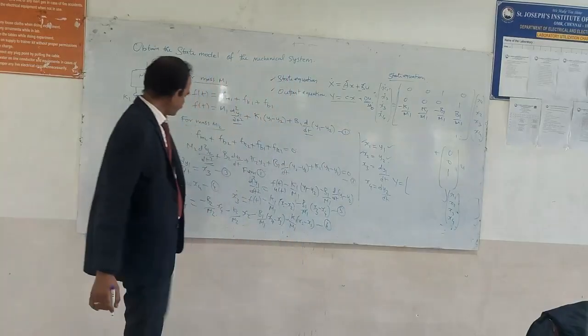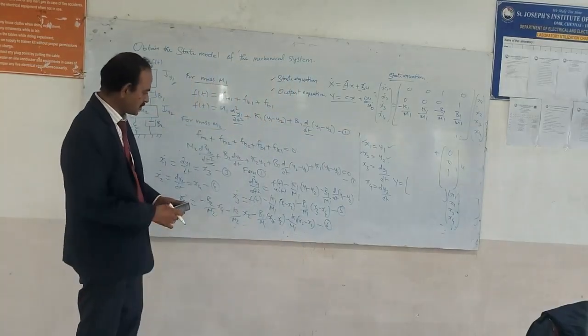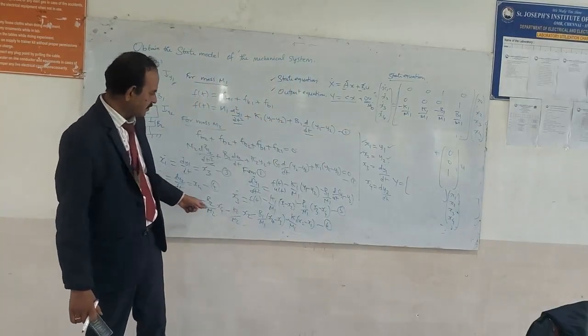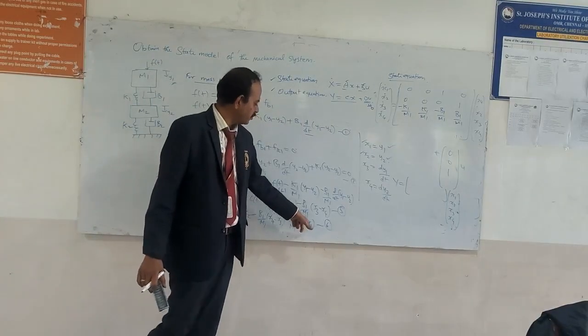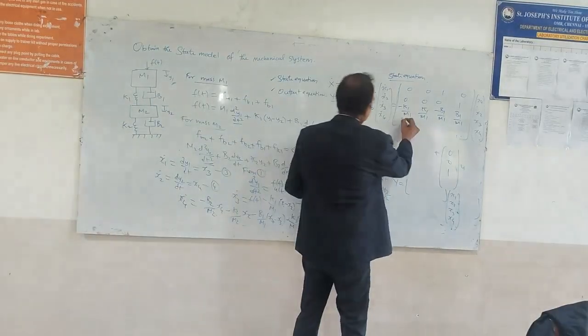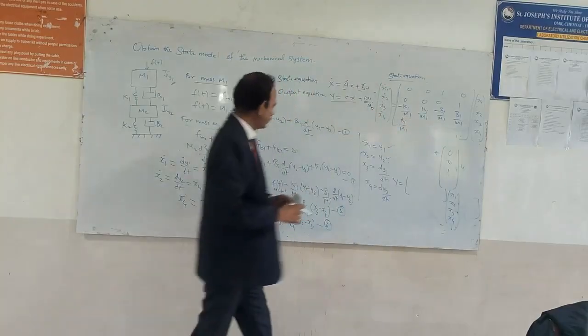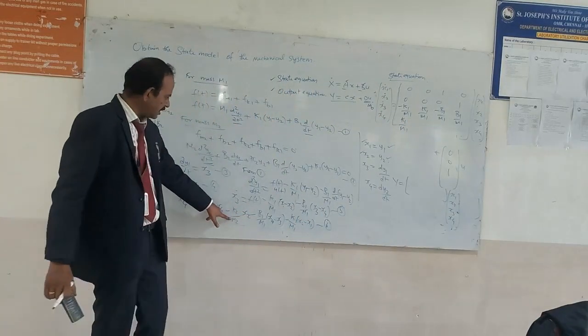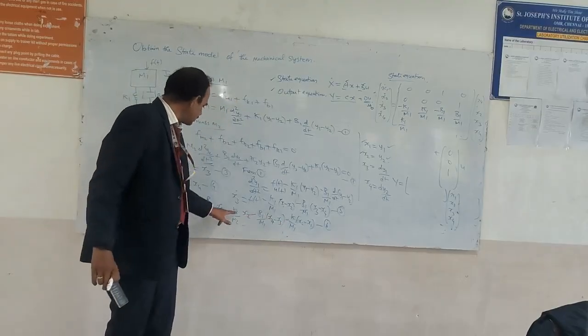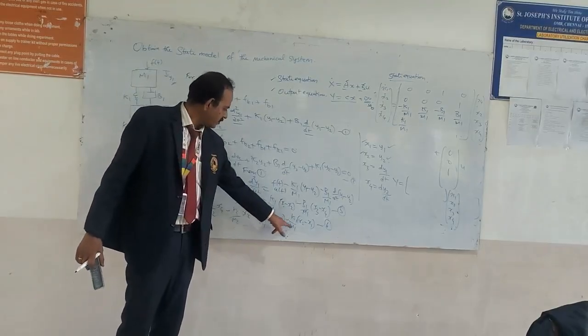Okay. So for x4 dot we are having the x1 coefficient. See the x1 coefficient wherever present. We are having the x1 coefficient minus k1 by m1, into minus x1, so the minus becomes positive, k1 by m1. The x2 coefficient is present here as well as here, so minus k2 by m2 minus k1 by m1.